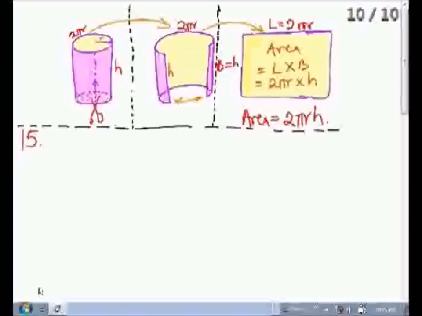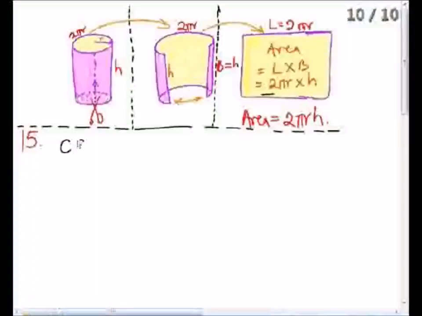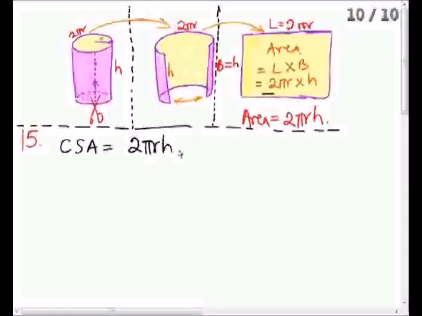And that makes us write CSA of this cylinder is equal to length times breadth of this rectangle, which of course is 2 pi r times h. That is, the curved surface area of the cylinder is 2 pi r h. We now therefore substitute the values given inside the question.